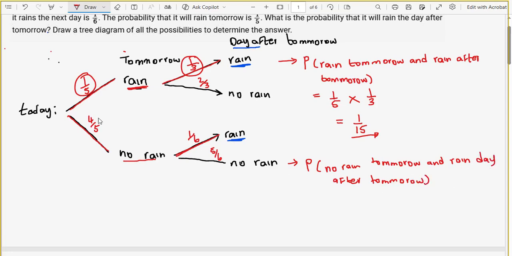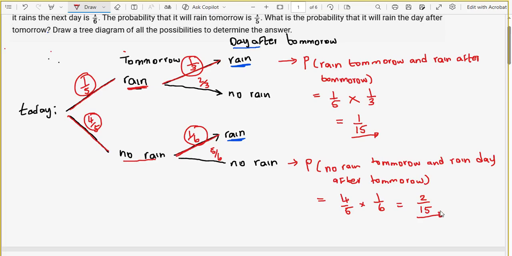So we're going to take this probability and multiply with that. So this will be 4/5 multiplied by 1/6. If we multiply the two, 4 times 1 is 4, 5 times 6 is 30, so 4/30; 2 goes into that 2 times, and into 30, 15 times. So it's 2/15, and this is the answer.